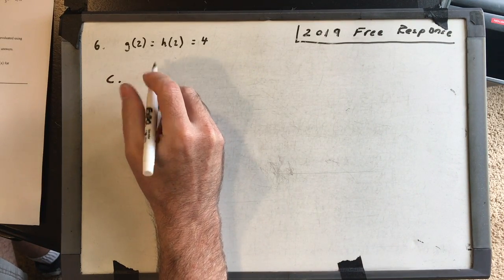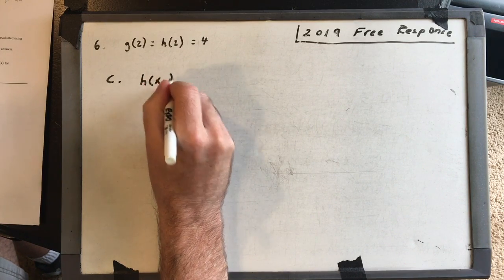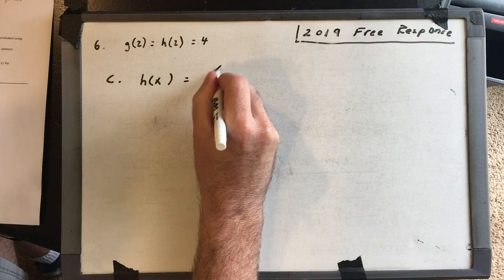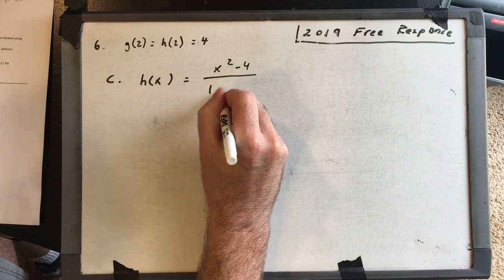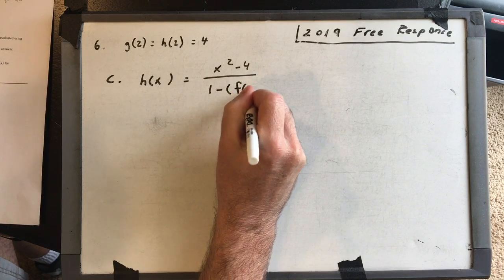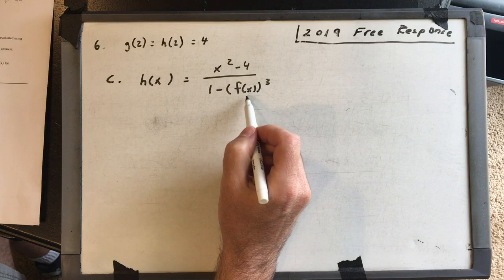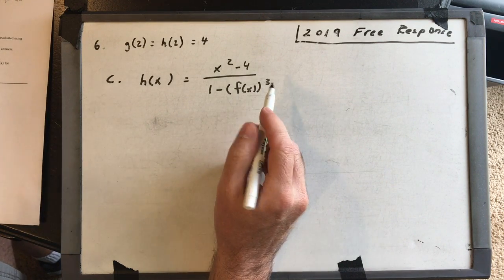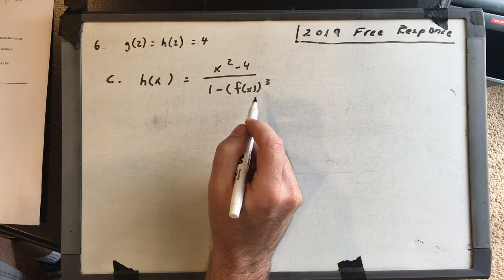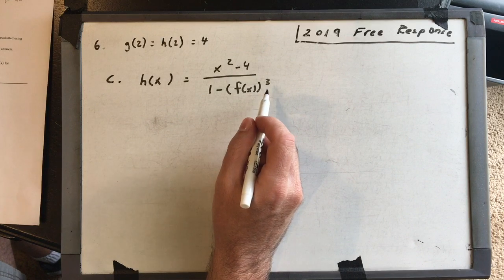So if we have h of x is equal to x squared minus 4 over 1 minus f of x cubed, so we've got a function within a function here. The question isn't asking this, but I'm just going to go ahead and work a different problem for it.